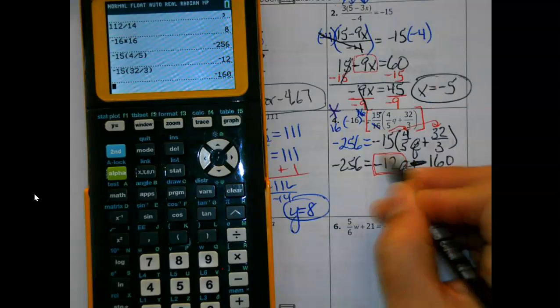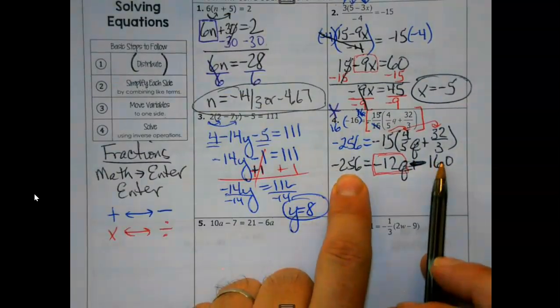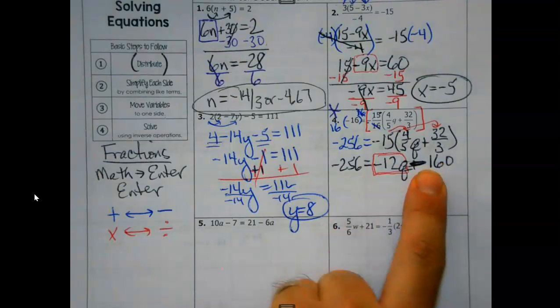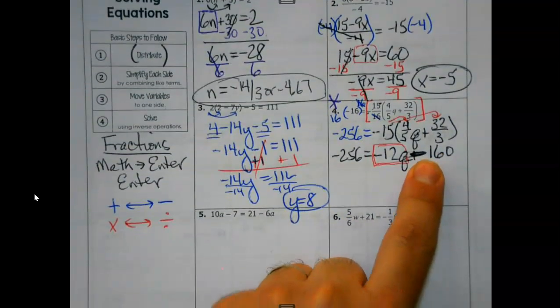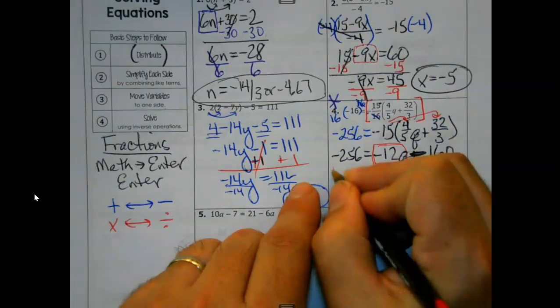Once the fractions are gone, no like terms. These aren't on the same side. My job is to take that -160, make it go away.